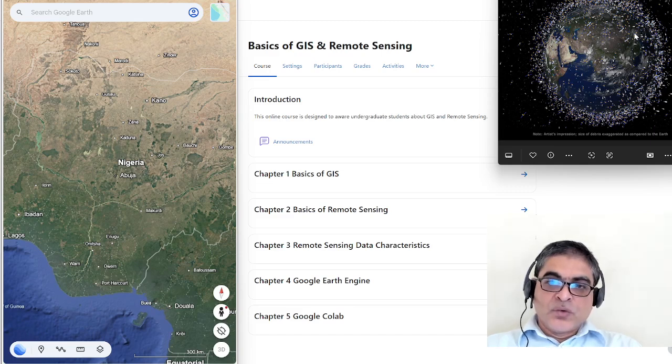So it's a huge amount of data which we can use, developed or derived by these satellites, and this data can be used in many more fields. Whether it is agriculture, you start from A, B, C, D, everywhere the use of remote sensing data or GIS is there.